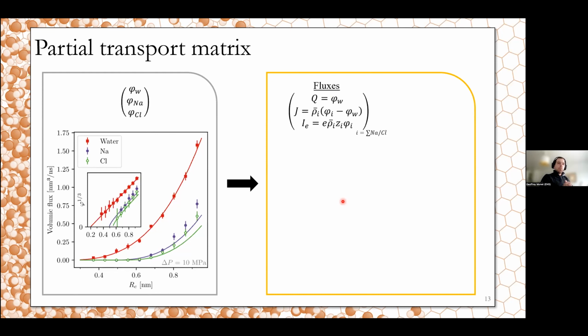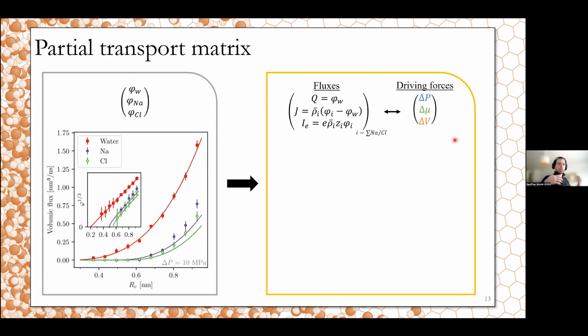Actually, in nanofluidics, we prefer to work with these quantities rather than volumic flow, where J is the excess ionic molecular flux and I_E is just the ionic current. Why? Because they are thermodynamic quantities, which are conjugated to thermodynamic driving forces that we can apply experimentally. Indeed, experimentally, we can apply a pressure drop, but we can also apply a chemical potential drop, which is a different concentration in the reservoirs.